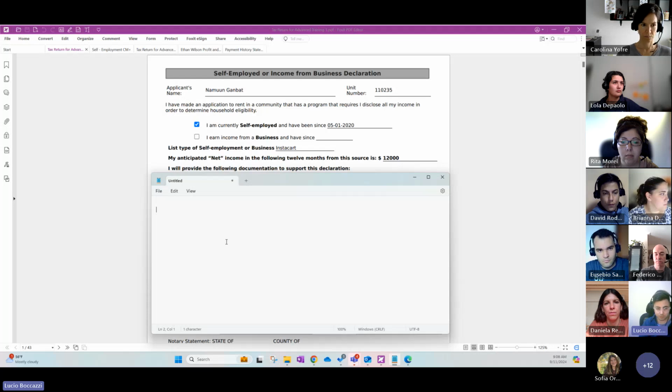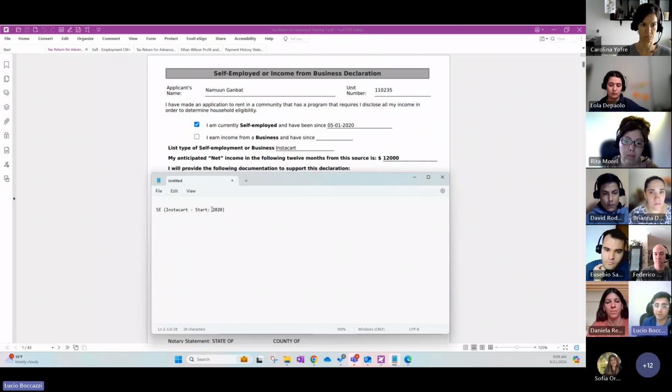So let's start with the notes. We'll write down self-employment. I can write down in parentheses the type of self-employment and the start date, since that would help me know if I need to annualize the amounts from the tax return.